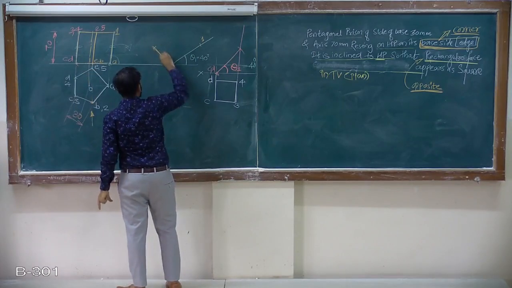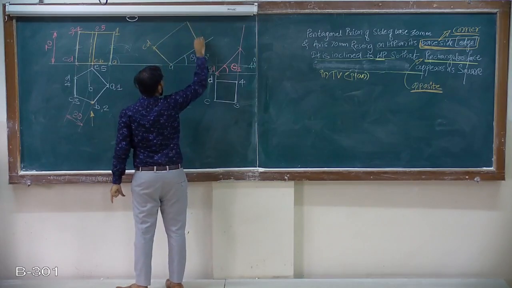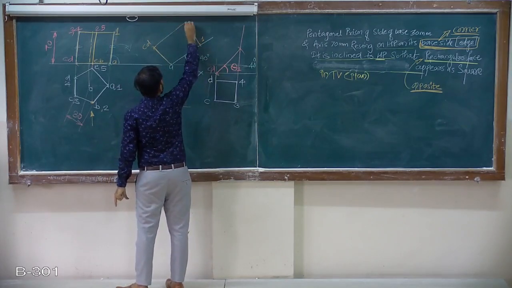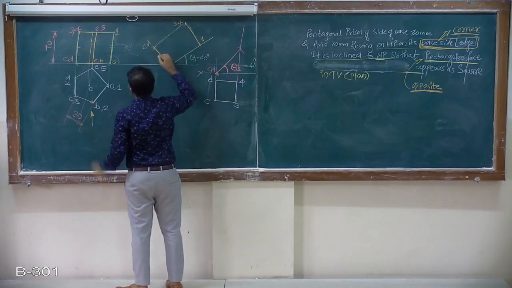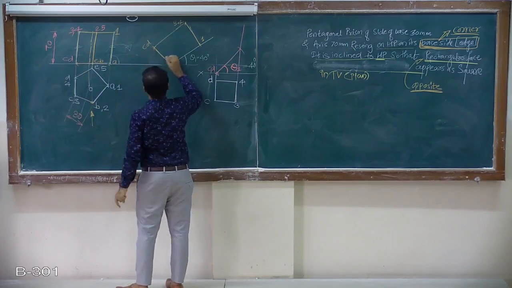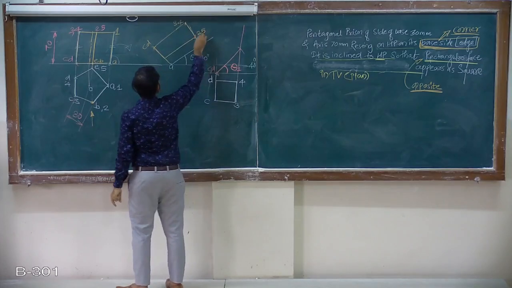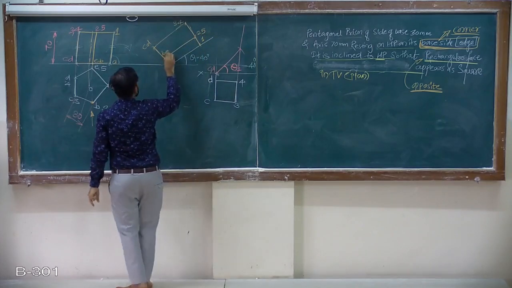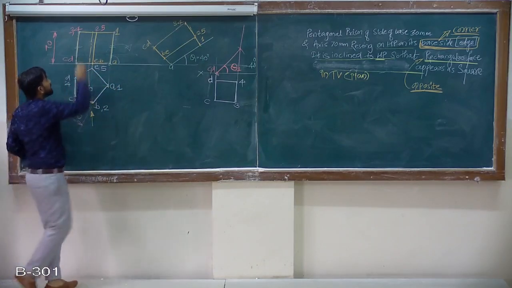Take a perpendicular, you will get this point as CD. This point as 3, 4. Take this distance C to E, mark here. This point is 2, 5 and this will be B.